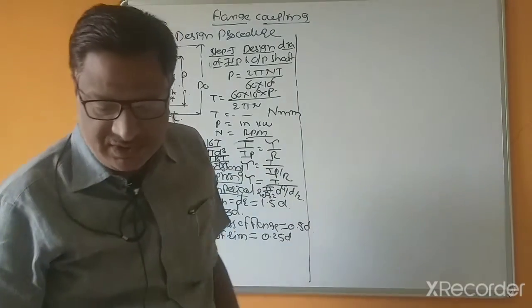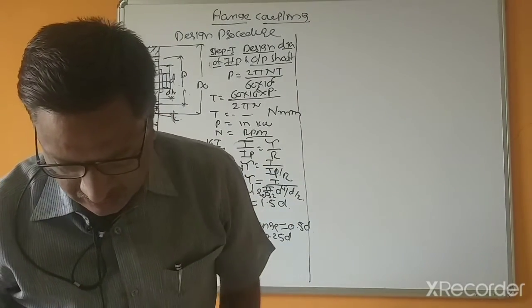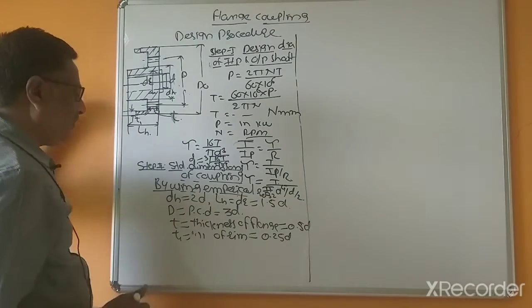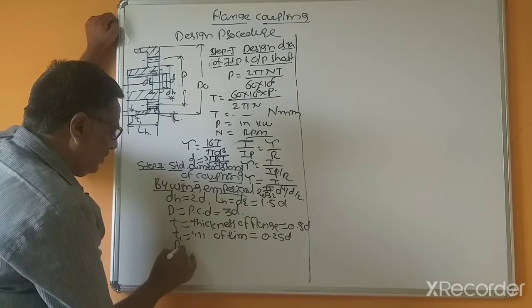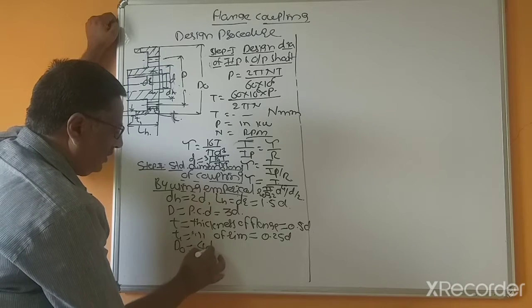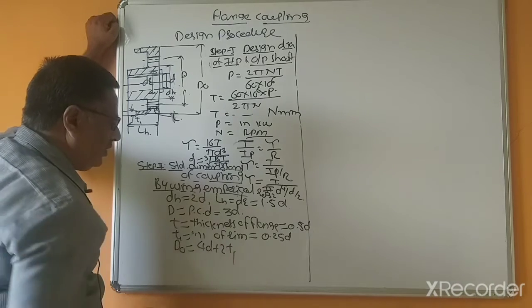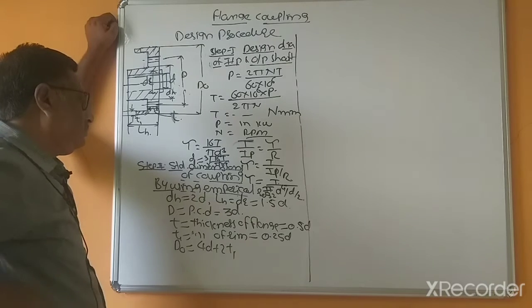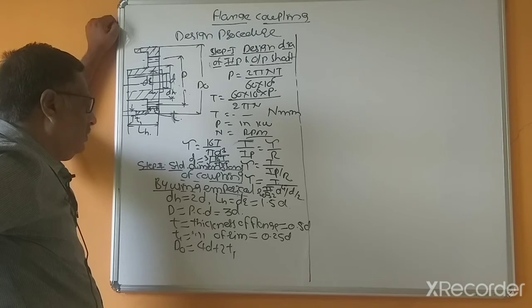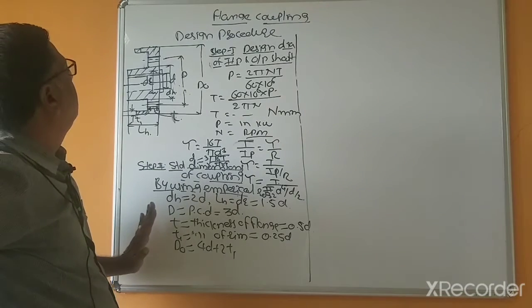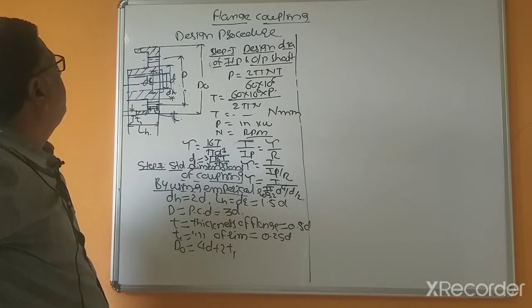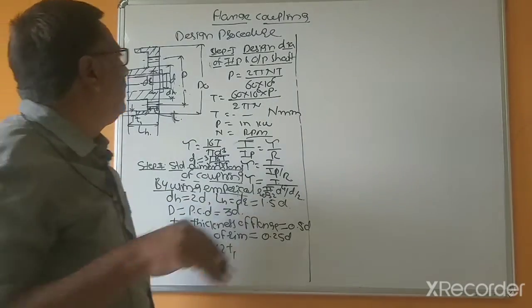I will check these relations, right, 0.25d. Next, outer diameter equal to 4d plus 2T1. This is clear. These are the important dimensions of the coupling.